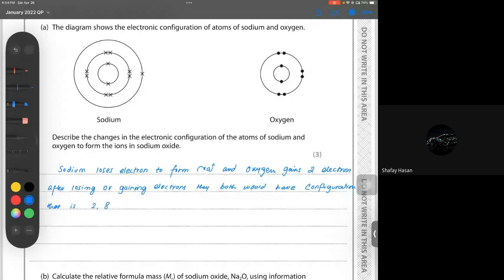Okay, of course. Then after getting the charges like Na+ and O2-, they would be attracting together and forming an ionic compound that is sodium oxide.